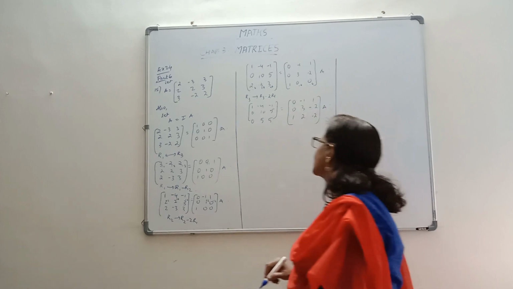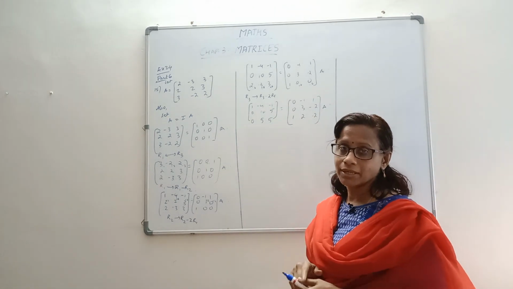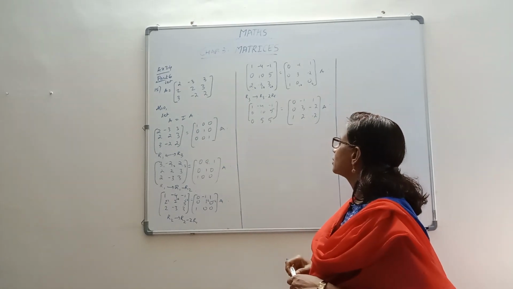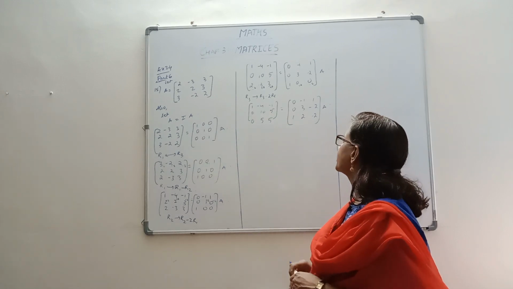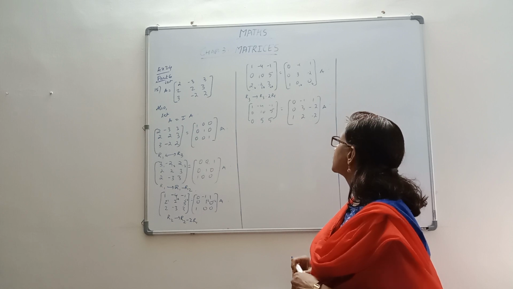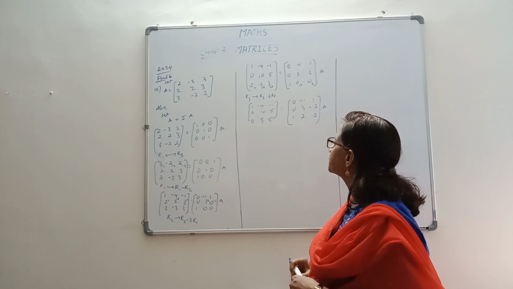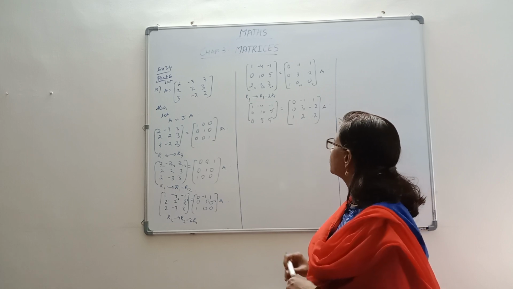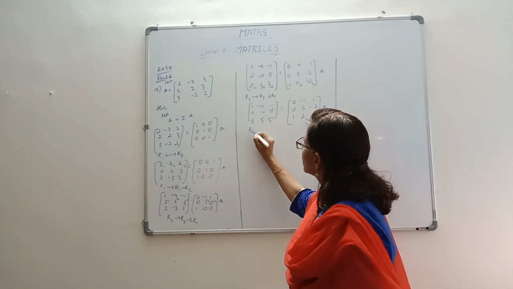Now we see that here we have these 5s and 10s. We have to get this as 1, of course. Okay, let's divide R2 and R3 by 5, and let's see first what will happen.